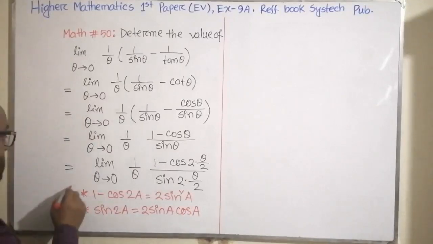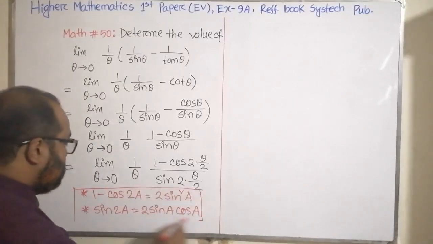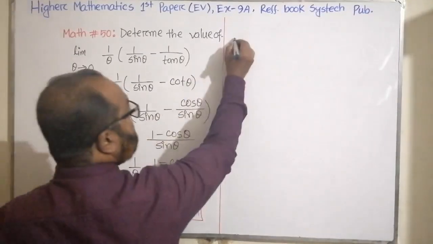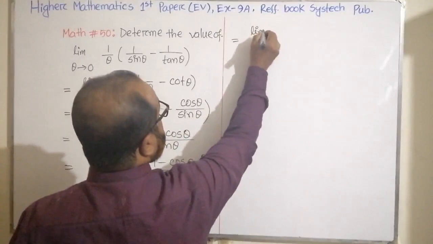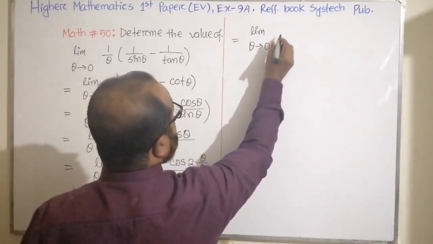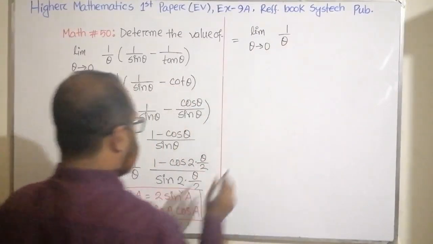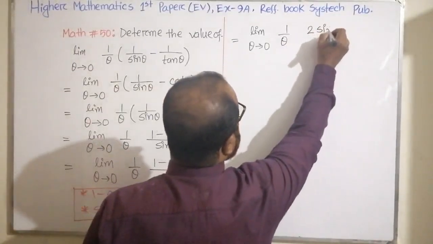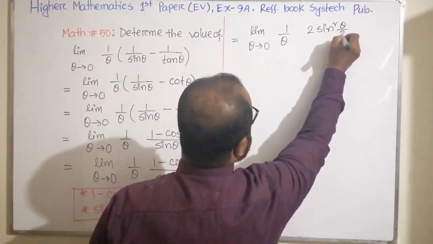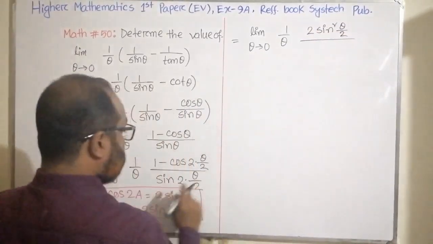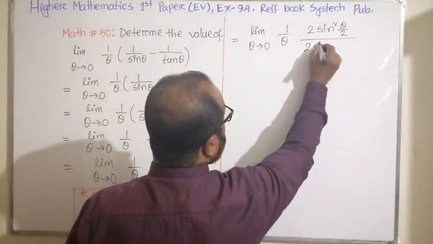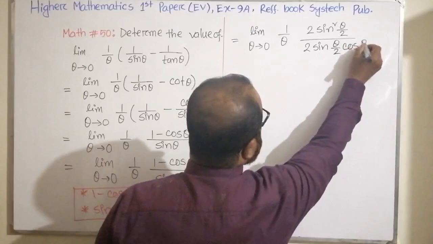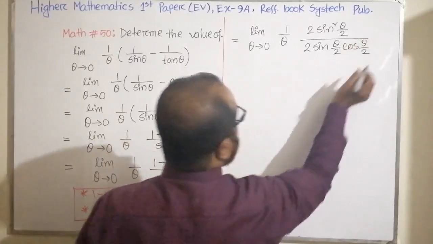Okay, using these two formulas in this line, our next line will be limit theta tends to 0, 1 by theta, and 2 sin square theta by 2, and here 2 sin theta by 2 into cos theta by 2.